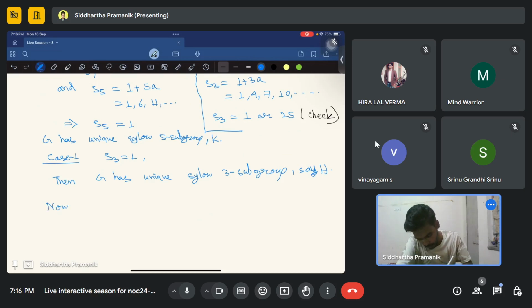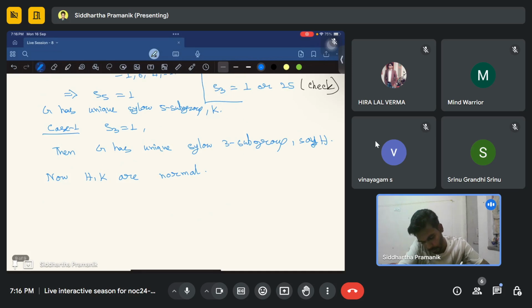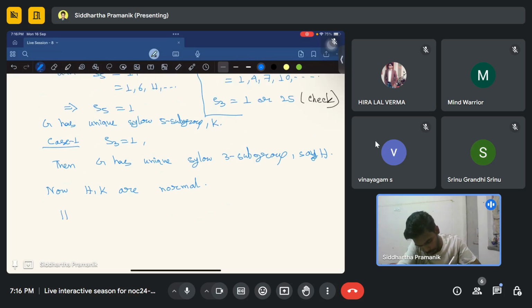Now both H and K are normal. Okay. Now the order of K is 125. It is 5 cubed, right?